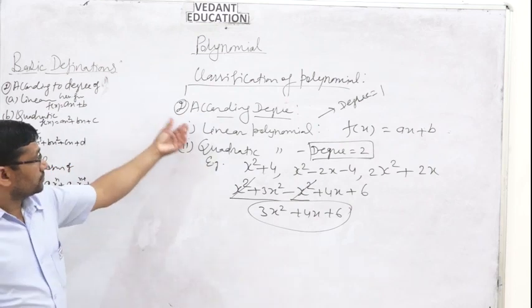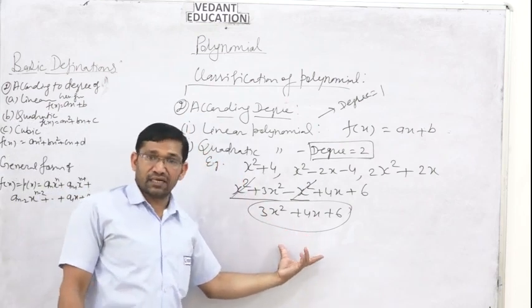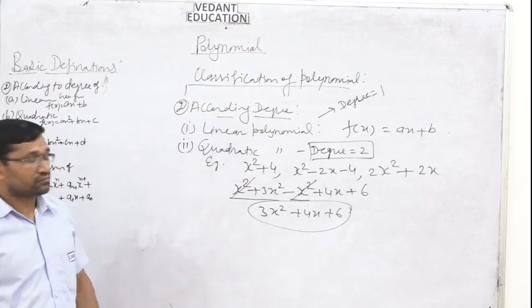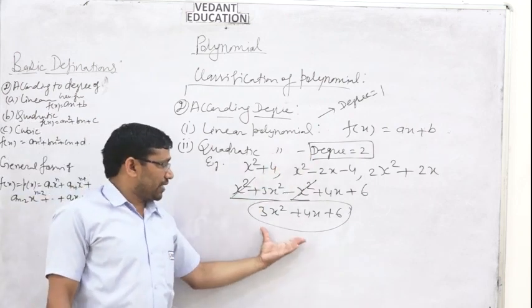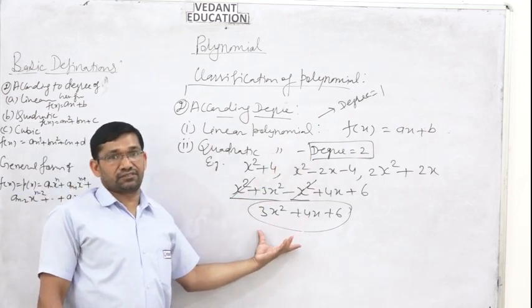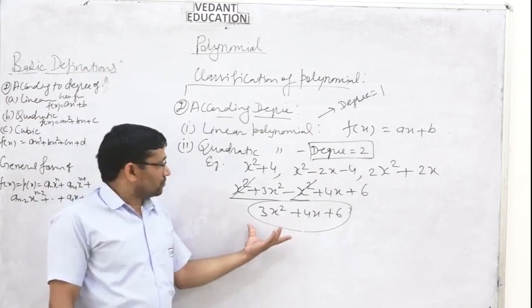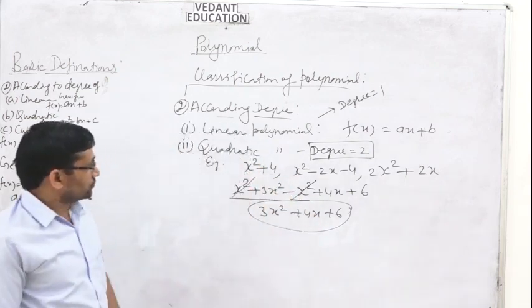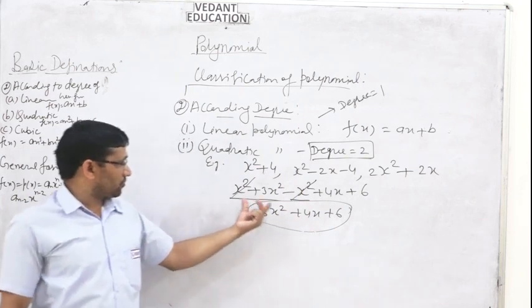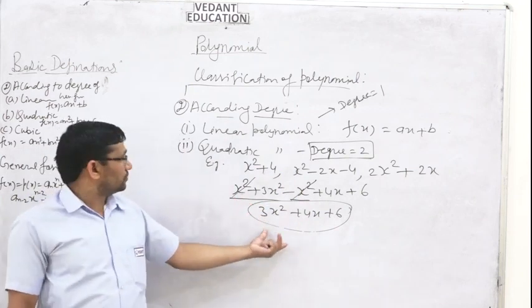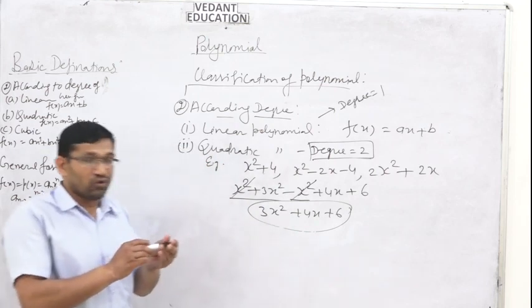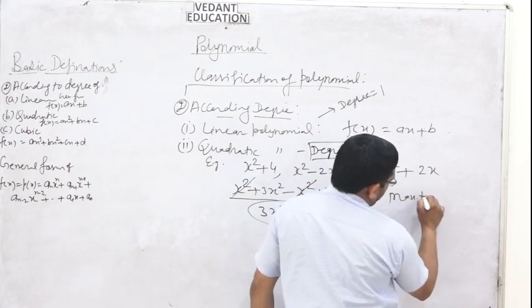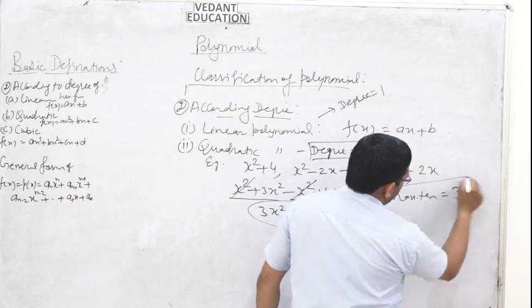It means again we find a result: any quadratic polynomial has maximum 3 terms and minimum a single term, maybe single term or 2 terms, but we cannot write more than 3 terms of a quadratic polynomial. So maximum number of terms is equal to 3.